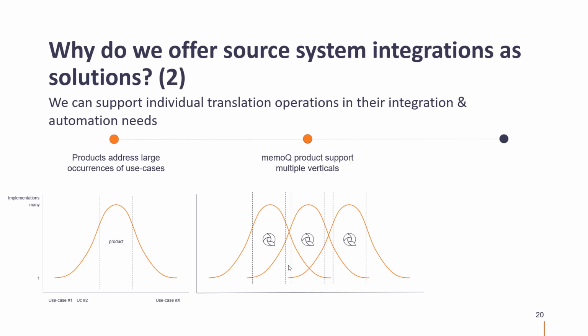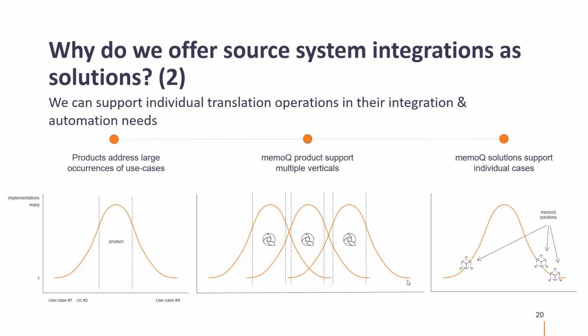But even so, there are use cases where memoQ is not bringing you a technology, where you have to rely on workarounds and other options than memoQ. This is where solutions can come into play. We are building up domain knowledge in working with different source systems, content management systems, and providing for your unique use cases when it comes to integrating to these technologies.